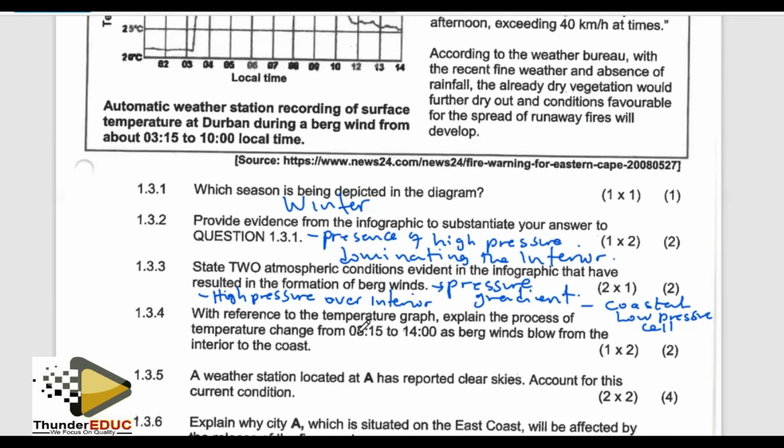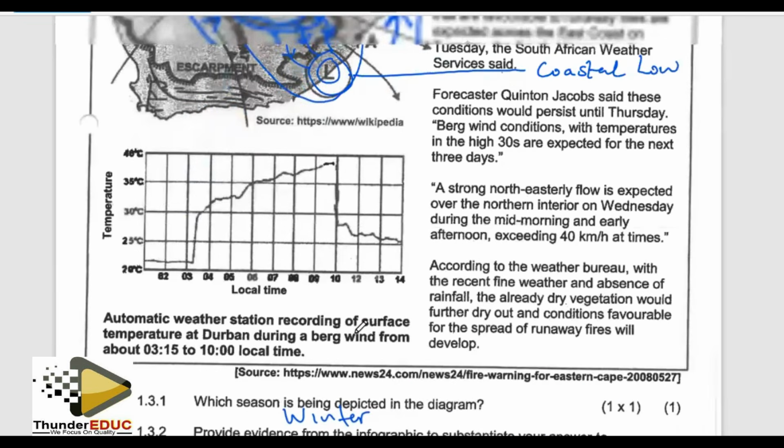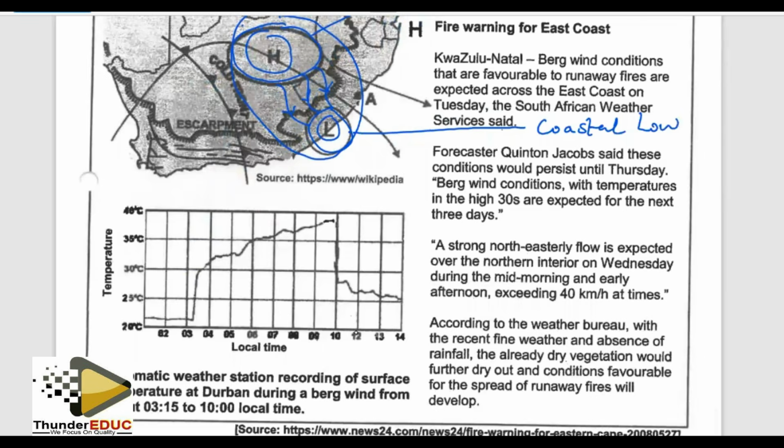They said from 0315, and as you can see, this is our temperature graph here. This is the vertical line, and 0315 is somewhere here. Then they said from 0315 all the way to 14. Imagine you are here, and you keep climbing vertically, then at this point you go down again.